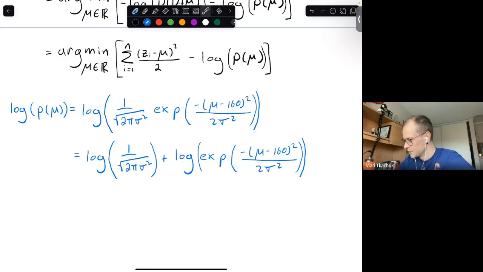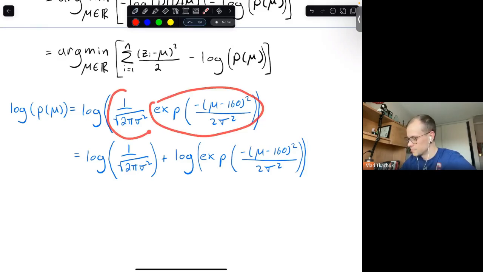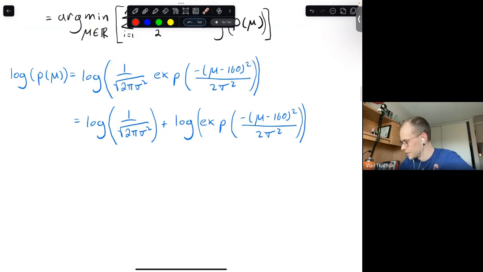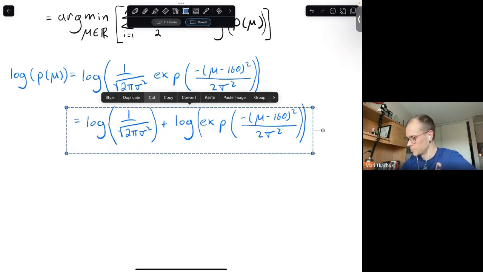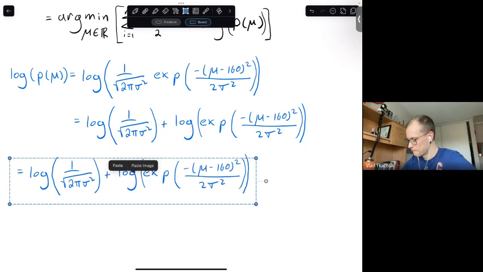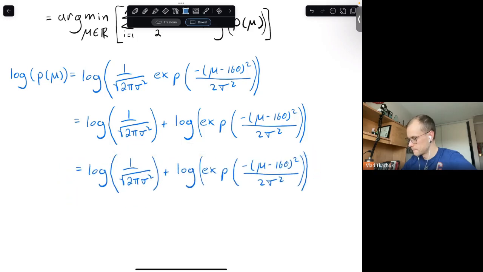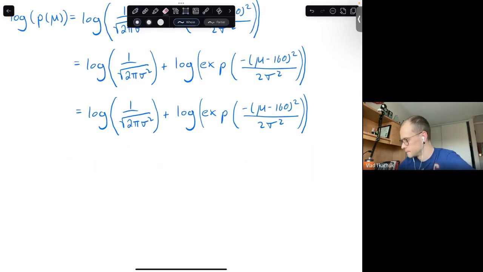Okay, so once again, just use the log property of the product of two things. Now, as you can see, the log of the exponential, they both cancel out. So we can remove that and get this simplified form. Okay, so remove that.